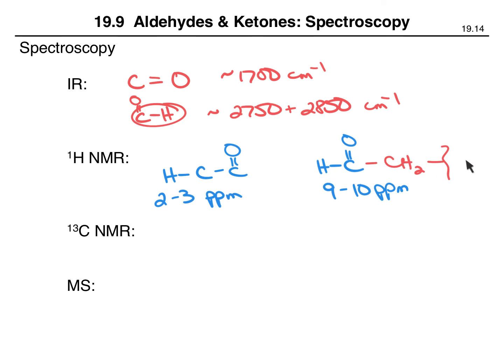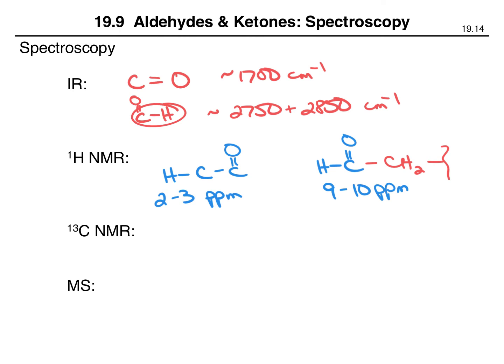They may still be split by something else over here. So often you do not see splitting, but not always. Sometimes you will see splitting in your aldehyde. Just remember that splitting is reciprocal. If this is not split by its neighbors, then it will not split its neighbors. Okay, so it has to be consistent in that way.